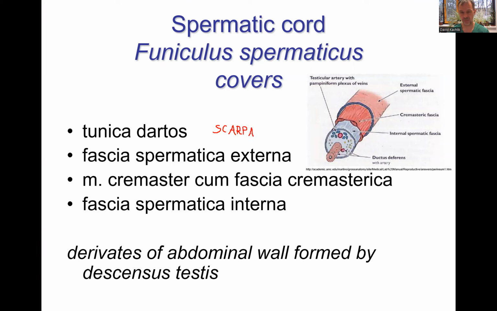So then the Scarpa's fascia is also here, but in a form of so-called tunica dartos. What is it? It is a connective tissue without adipose tissue. So that's the difference in comparison with the anterior abdominal wall, but it contains smooth muscle cells. These smooth muscle cells are important for contraction.